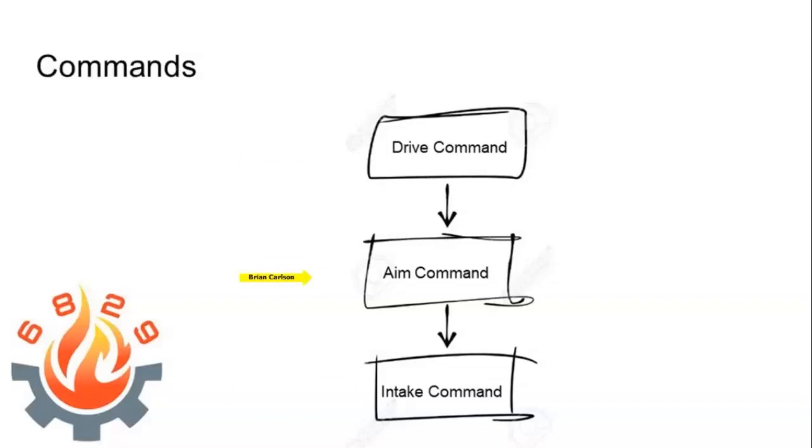What happens if inside a command, let's say our aiming command, it takes like 5 seconds? There's a bug in the code and it takes 5 seconds. I'm driving, I go here, I then get stuck for 5 seconds. Well, the drive command told the drivetrain a power, right? And so it's driving. The intake isn't doing anything.